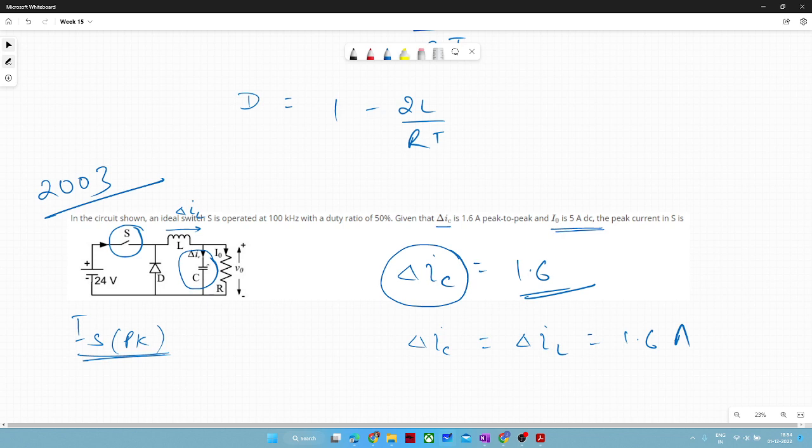Now, this switch will be on only for that time, whatever the duty cycle is assigned to that switch. And whenever this switch is on, the inductor and capacitor and load will be connected to the switch. So let me again bring back that circuit and graphs.